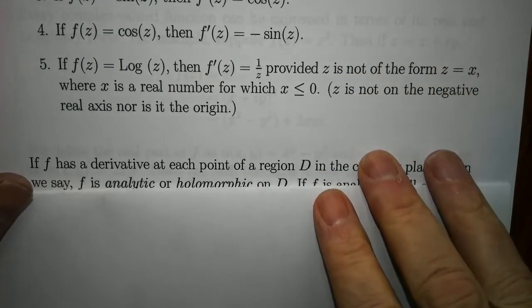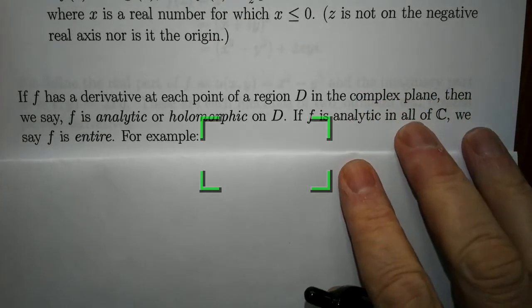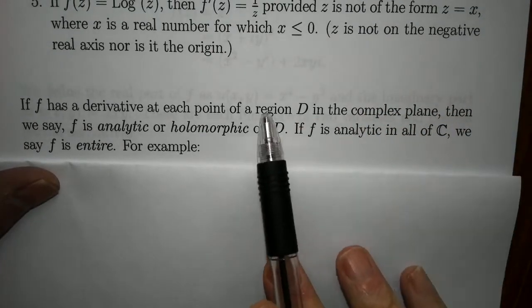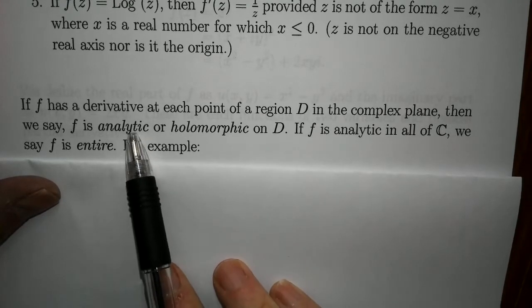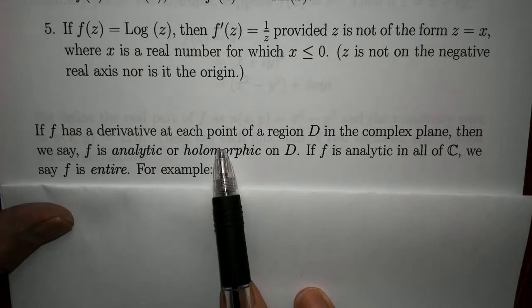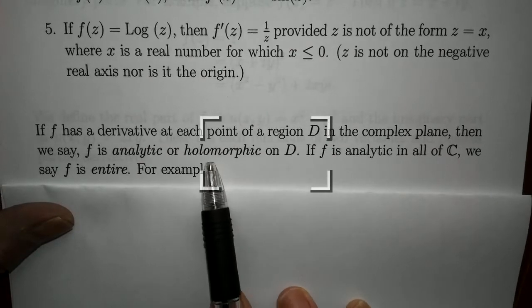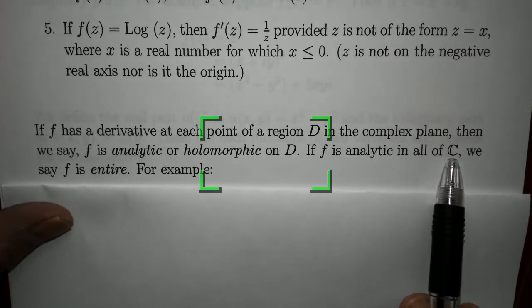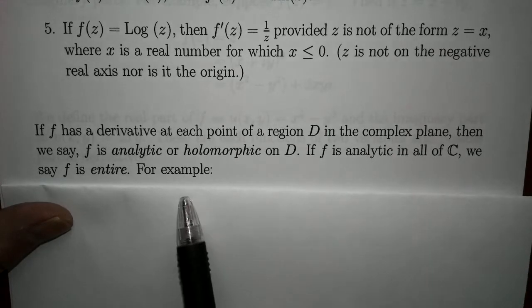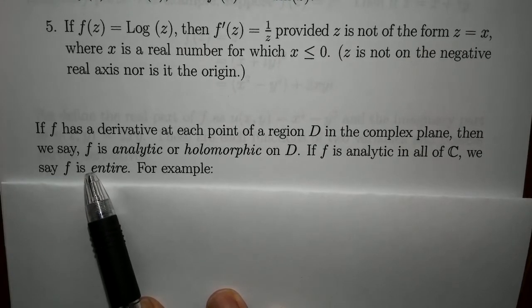Now, if f has a derivative at each point of a region D in the complex plane, then we say that f is analytic or holomorphic on D. Those mean the same thing, the words analytic or holomorphic. If f happens to be analytic in the entire complex plane, we say that f is an entire function.